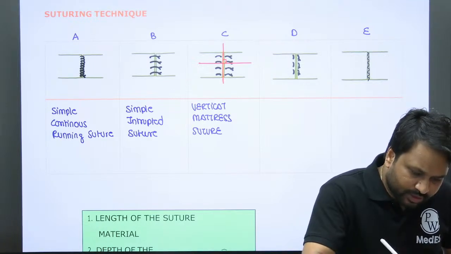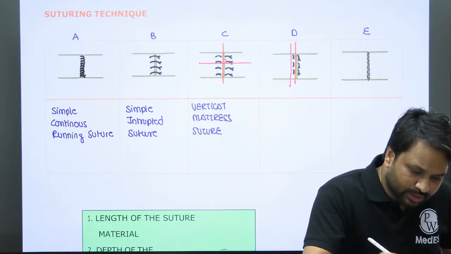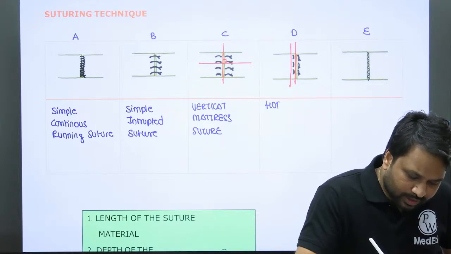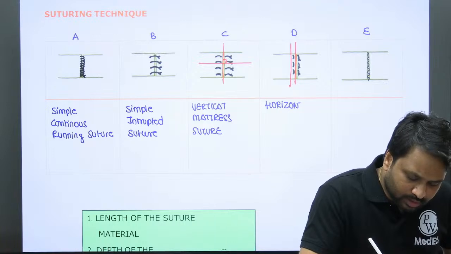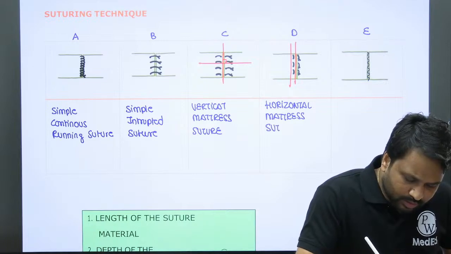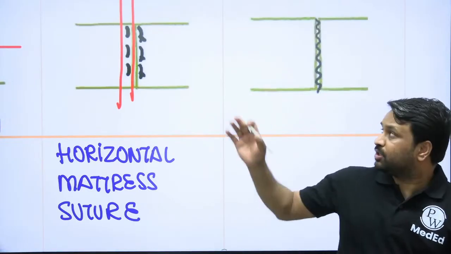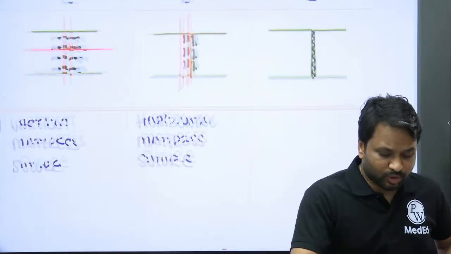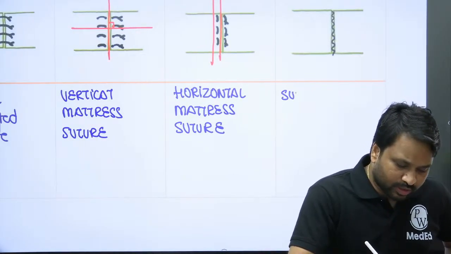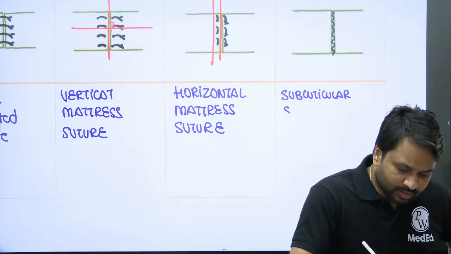Now if the suture line as well as the wound line are parallel to each other, this is what we call the horizontal mattress. Now if it does not even come onto the surface of the skin, it is in the dermo-epidermal junction of the skin, this is what we call the subcuticular suture.